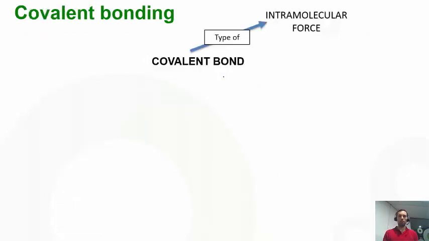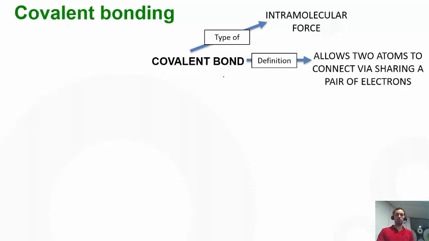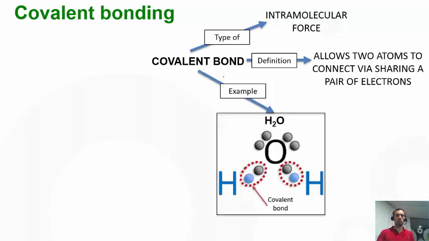So for covalent bonding, the covalent bond is a type of intramolecular force because all intramolecular forces are the bonds that hold together a particular group of atoms. And we know that the covalent bond is allowing two atoms to connect by sharing a pair of electrons. So one atom contributes one of these electrons and one atom contributes the other.